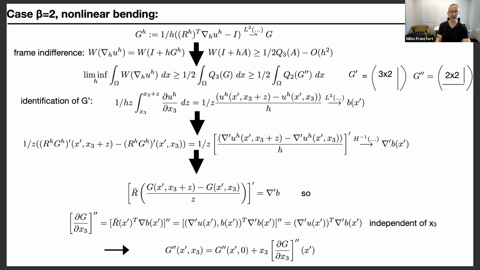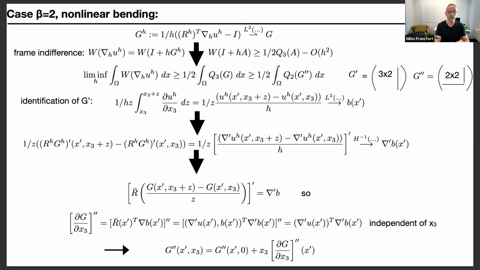So you keep this, okay? And if you go to the line below, it tells you that when you differentiate this with respect to the in-plane variables, you converge in H minus 1 strongly to the in-plane gradient of b. So that's the right side of that convergence.